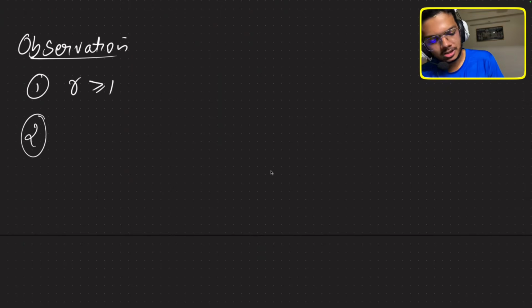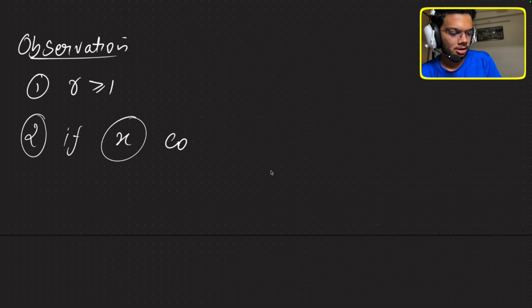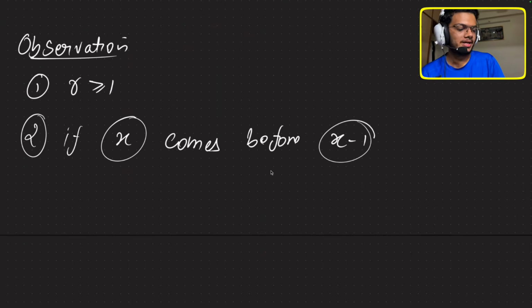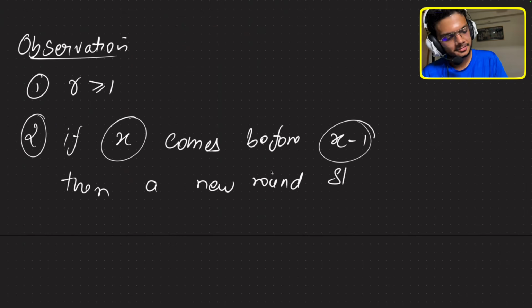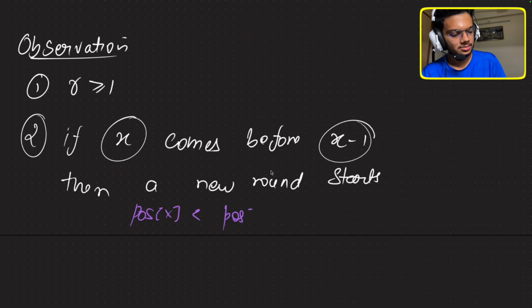The second observation was if x comes before x minus 1, then a new round starts. In other words, if position of x was less than position of x minus 1, then a new round will start, will increment the round.